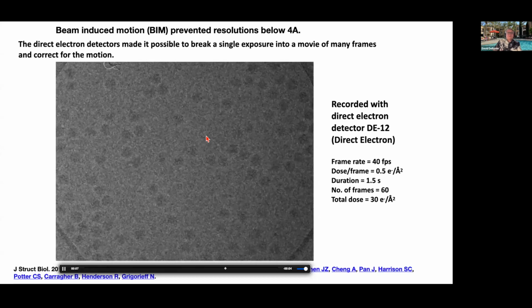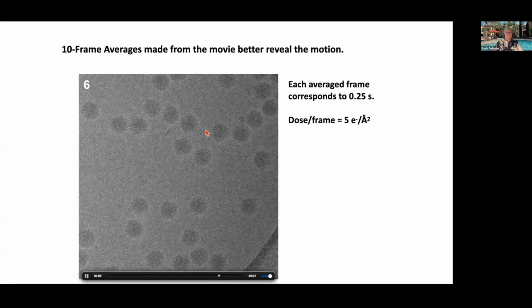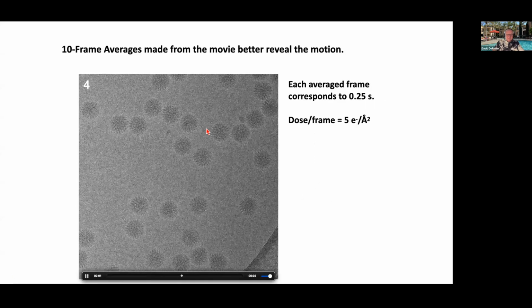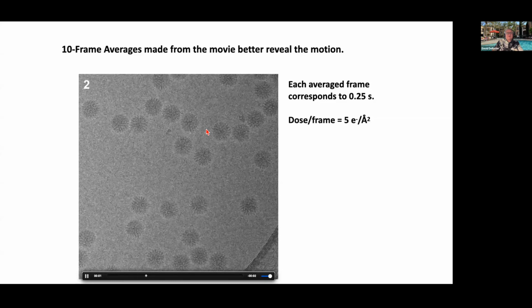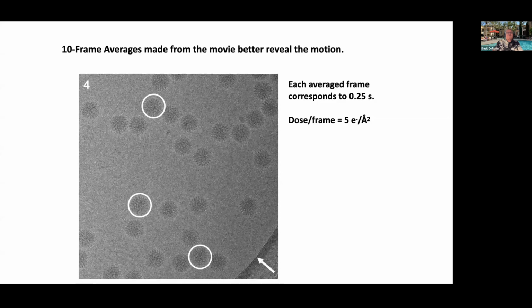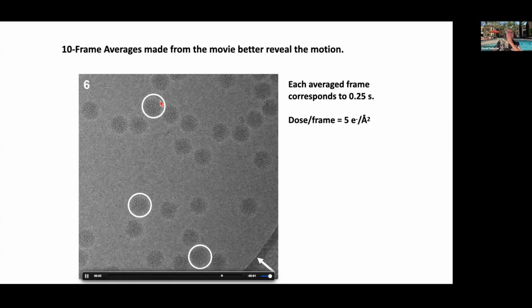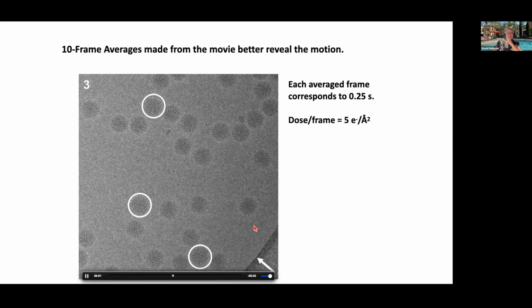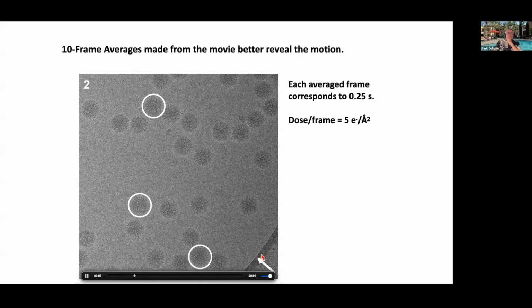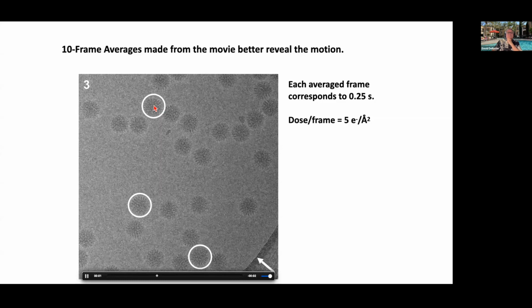So to better see this, here we have an average of 10 of those 40 frames that were being recorded. And if you look at these particles, you can see they actually move considerably, although down here in the corner, they don't. You can see this one doesn't move, whereas this one moves quite a bit.